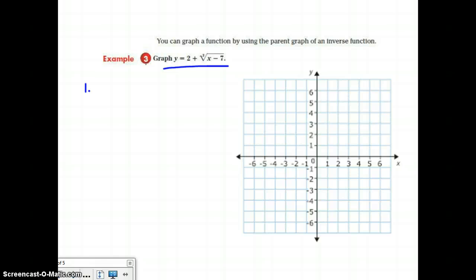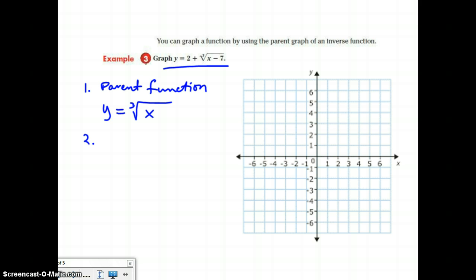First, we're going to just write the parent function. And we do that by getting rid of anything in the function that's added, subtracted, multiplied, or divided by x and its radical in this case. So the parent function would have been the cube root of x.